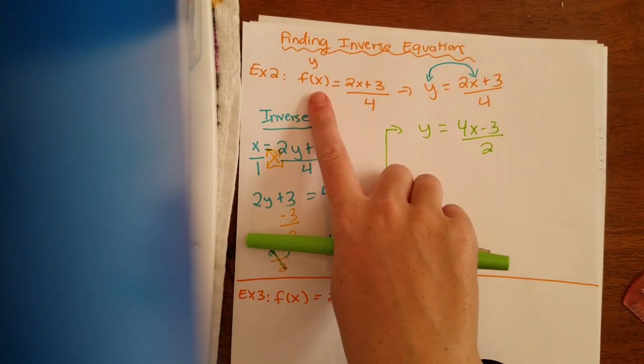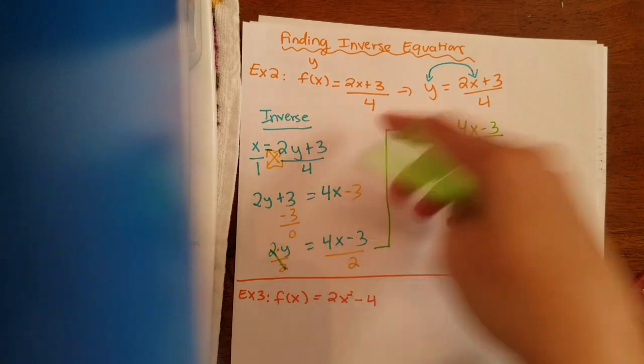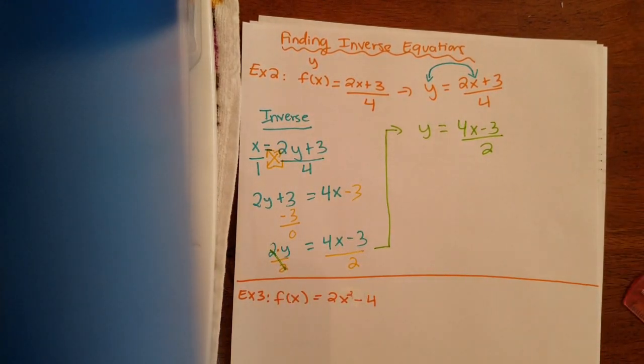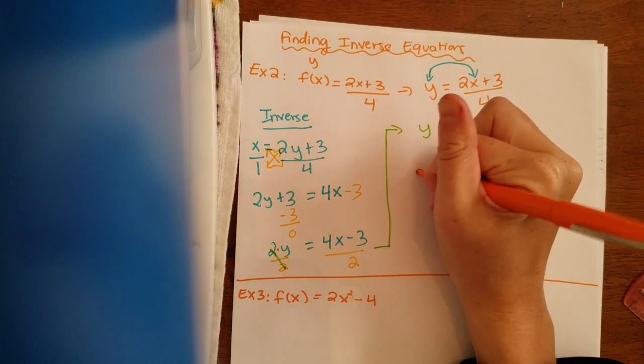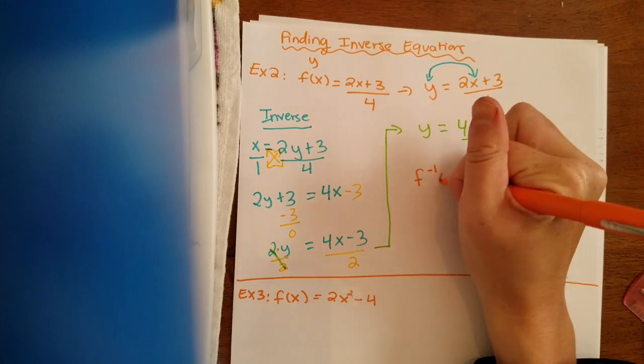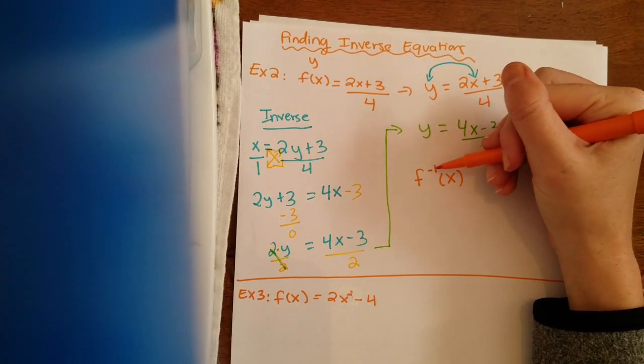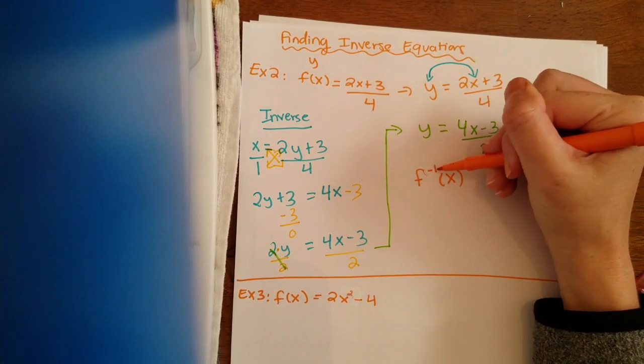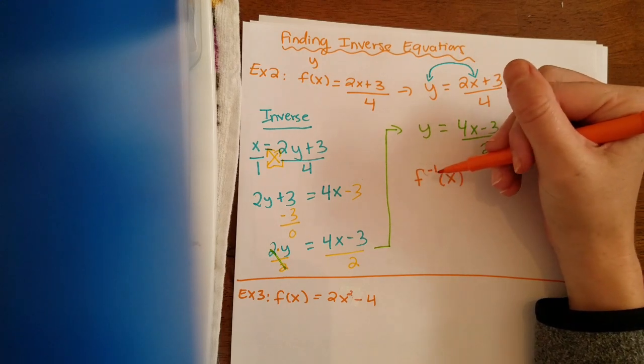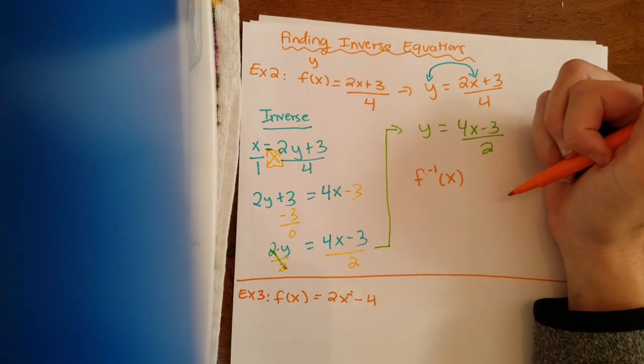But we started with function notation, which is the f of x, so I would like to end with function notation. The way that we denote that something is an inverse using function notation is like this. When you have this little negative 1 hanging out with the f right here, that means the inverse of f of x.